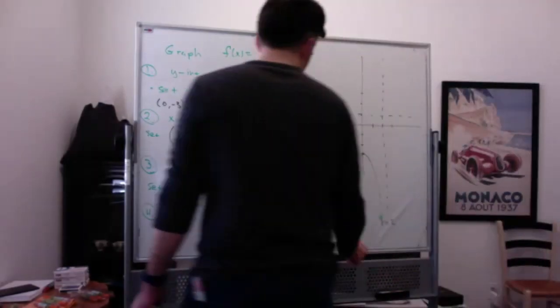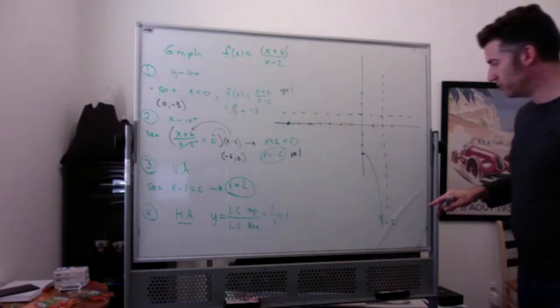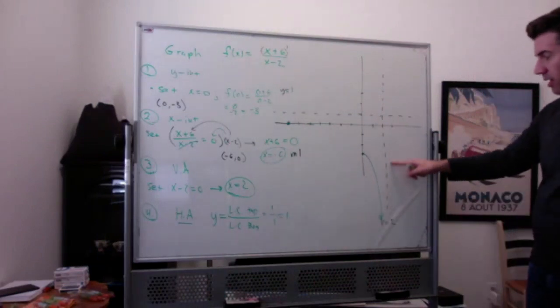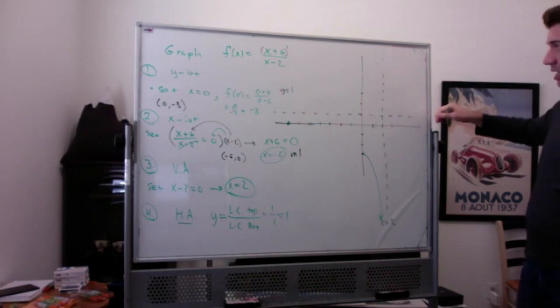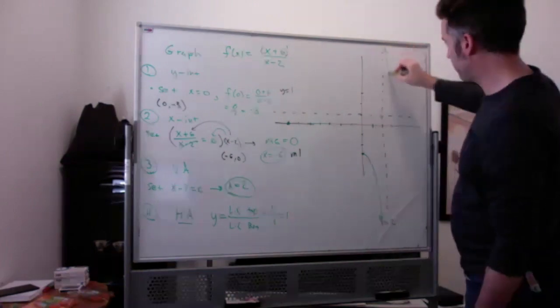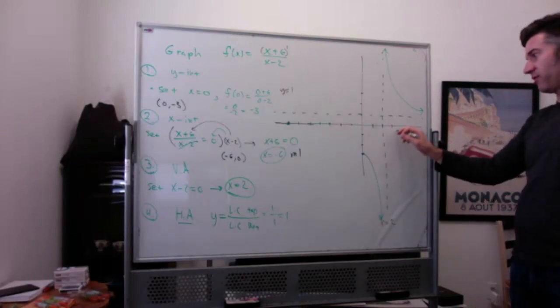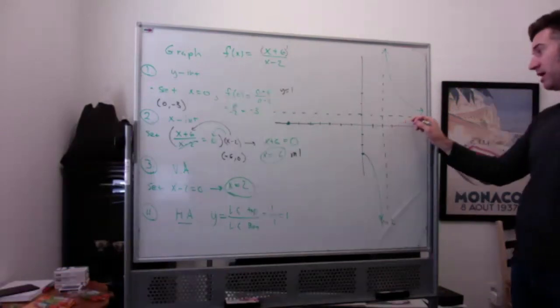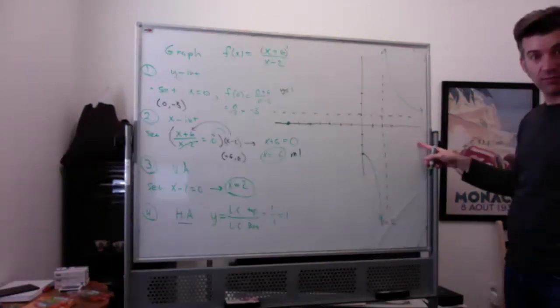Okay. And then on the other side of this, I could either be going this way and getting close to the horizontal asymptote, or this way. But I have to be going this way, because if I were going that way, I would have to cross the x-axis to be able to get closer to my horizontal asymptote. And again, I don't have an x-intercept over here.